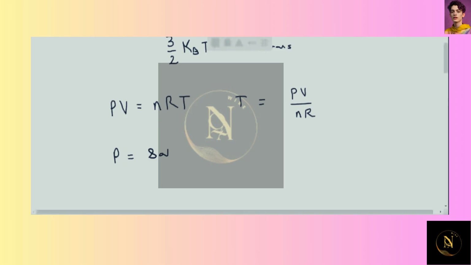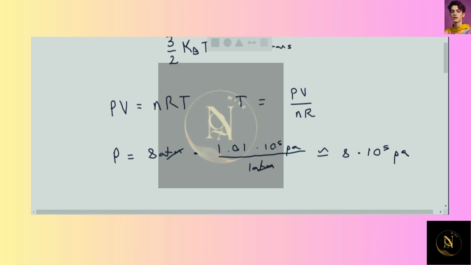So for the pressure, there are 1.01 times 10 to the 5th pascals in 1 atmosphere. So this is about 8 times 10 to the 5th pascals.